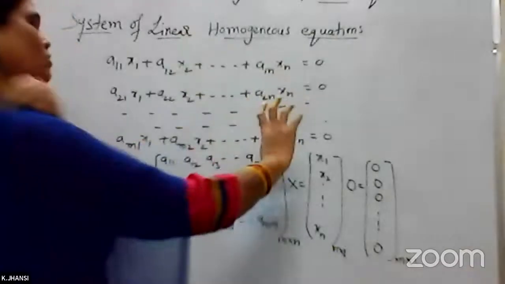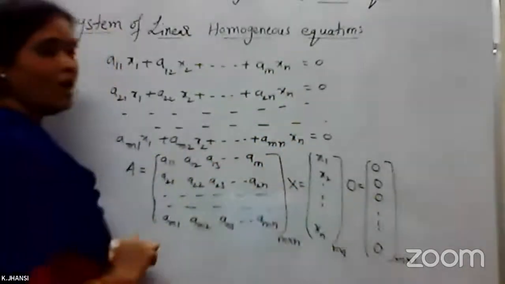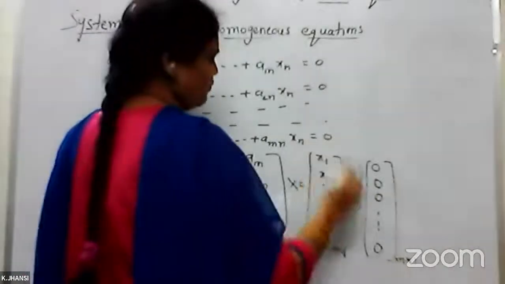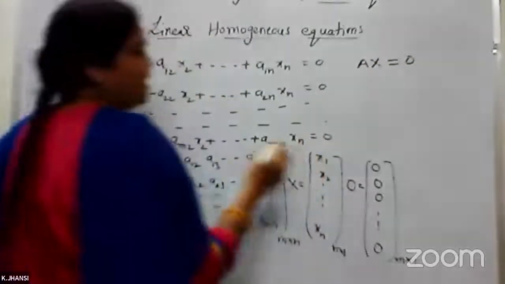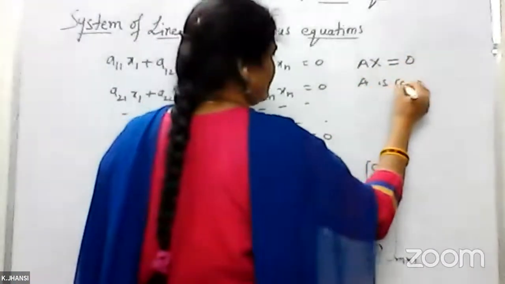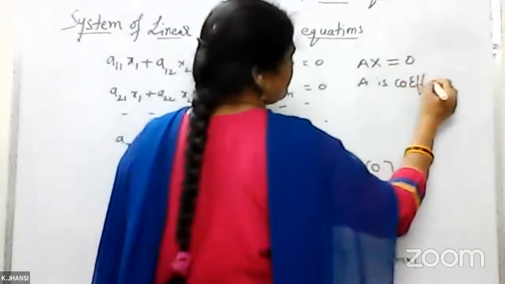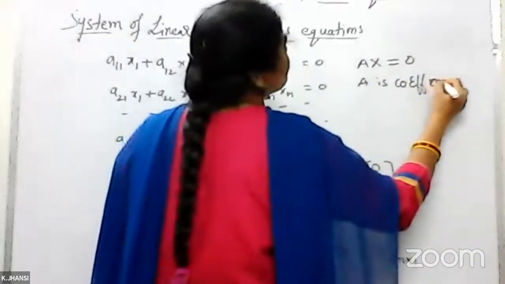Whatever homogeneous linear equation it is, we write it in matrix form as Ax equals 0. We write this as an equation, Ax equals 0, where A is what we call the coefficient matrix. I'm writing in shortcut.